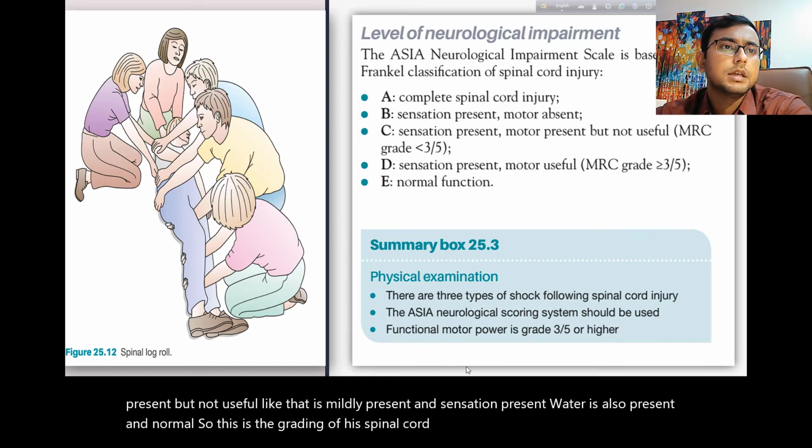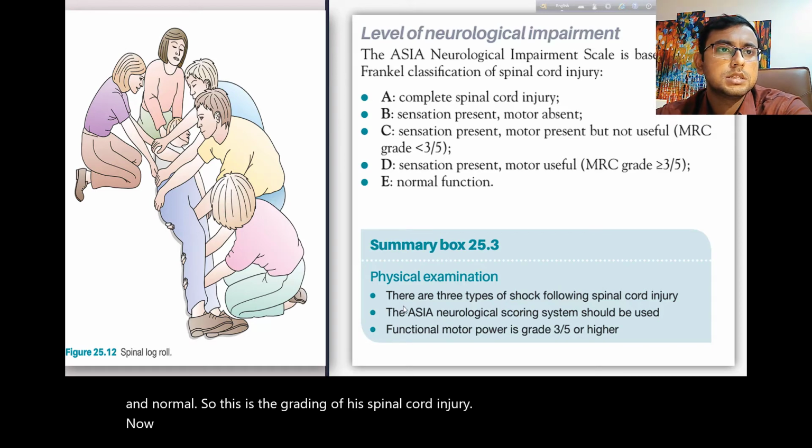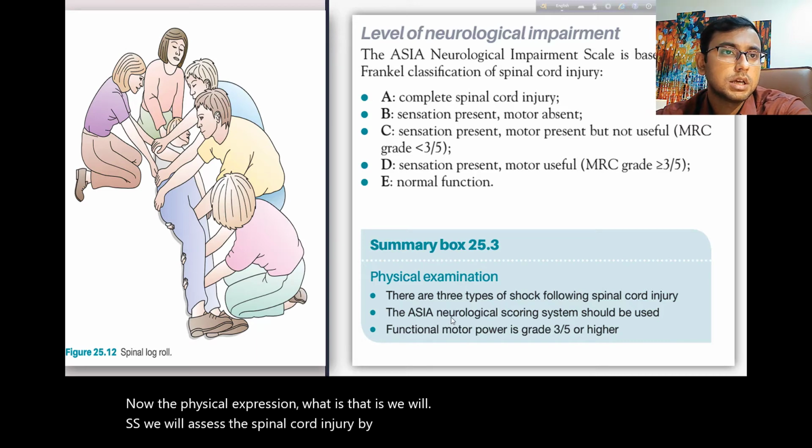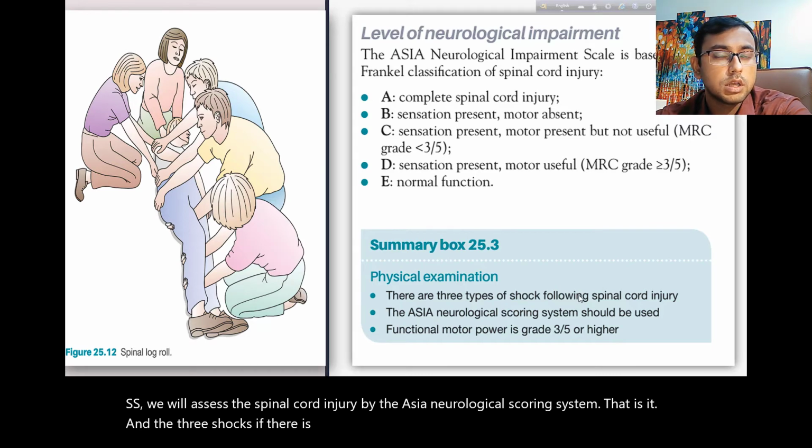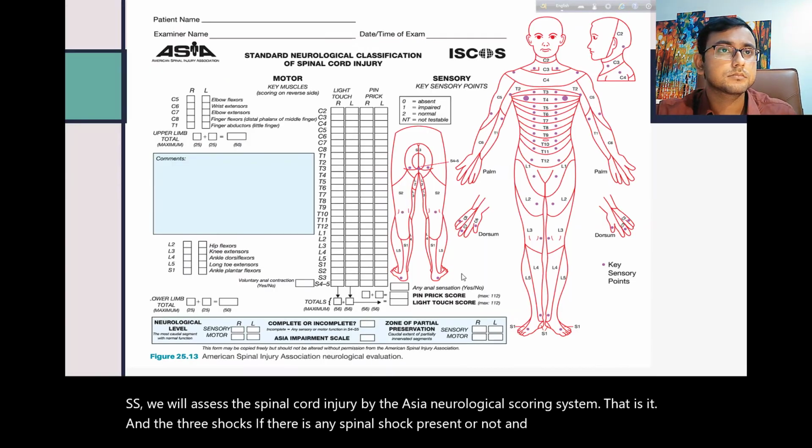Okay, now the physical examination. We will assess the spinal cord injury by the ASIA neurological scoring system, and check whether any spinal shock is present or not, and the motor supply.